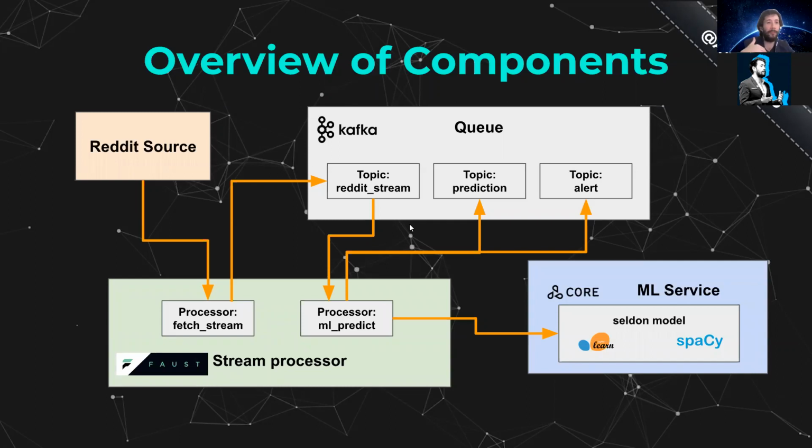So perhaps you may have other things that are consuming the raw comments to put them into an Elasticsearch database, similar to what I just mentioned here. You may just have one processor that sends it to the Elasticsearch database, processes the prediction, and pushes it to the output.